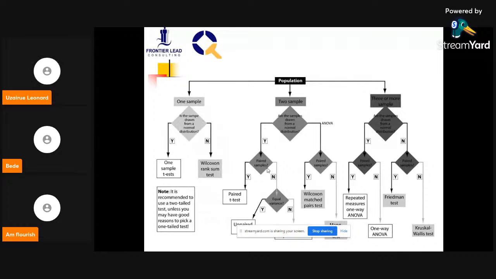You took their fasting sugar, then you take their postprandial test 2 hours later. Now you are trying to check if there is a difference between their fasting and their 2 hours postprandial. It's from one group of patients, but you have collected two different samples from them.